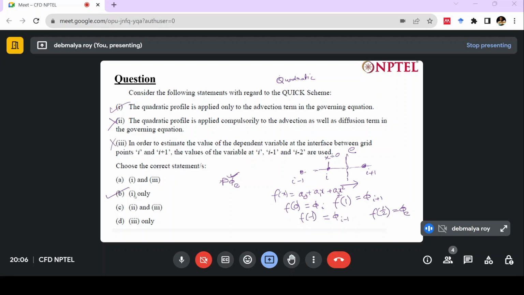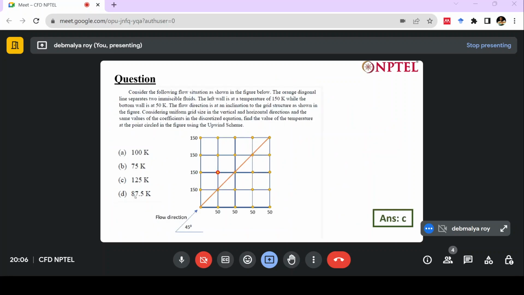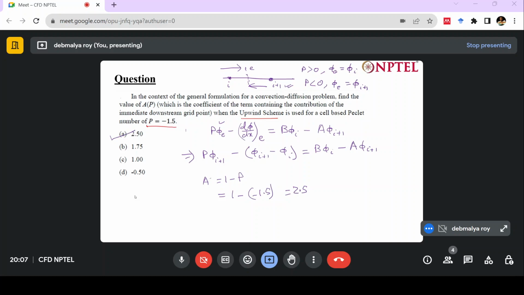Why? Because in this term you see P, this Peclet number is used. This Peclet number contains the velocity, and phi is a separate variable.